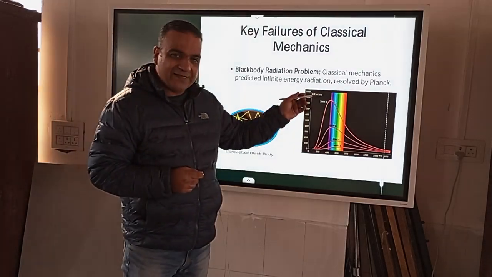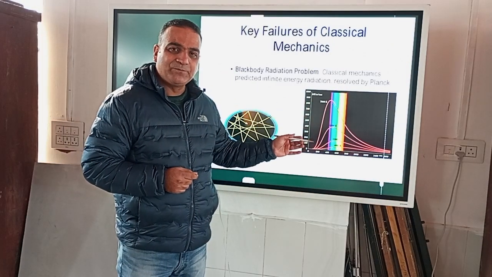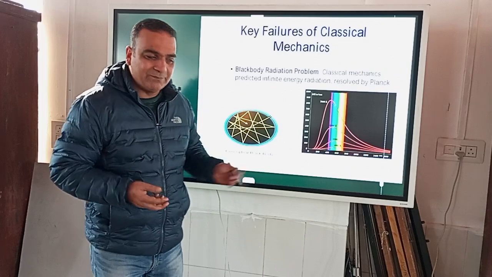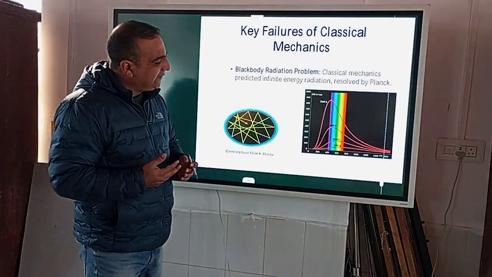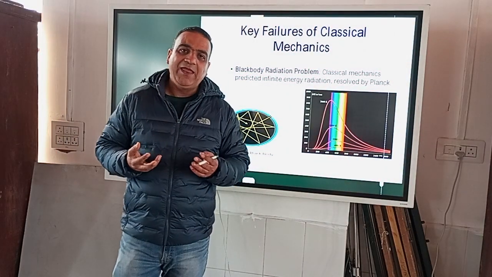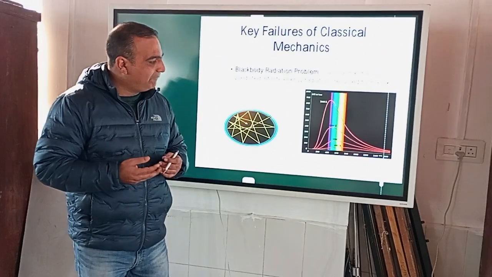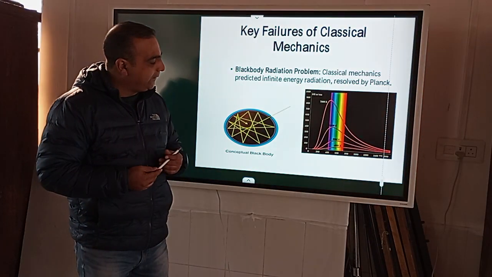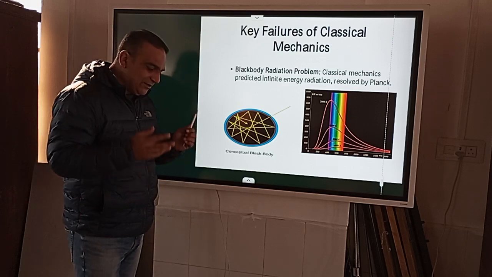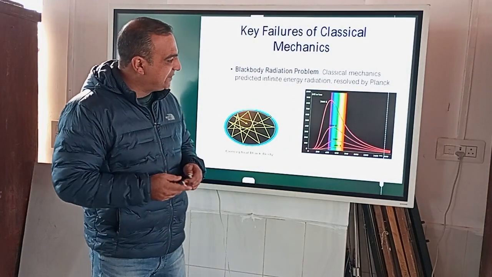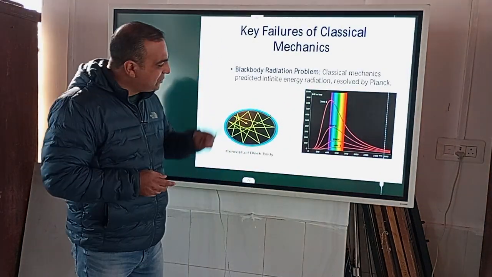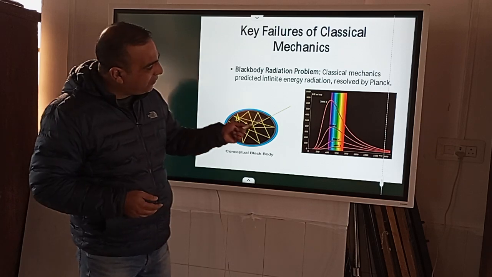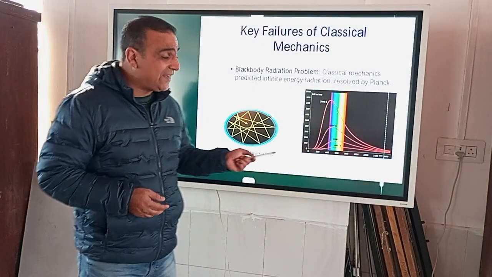So this is the experimentally observed behavior of an approximate black body. And to classical physics, there is no explanation for why we are observing curves like this.